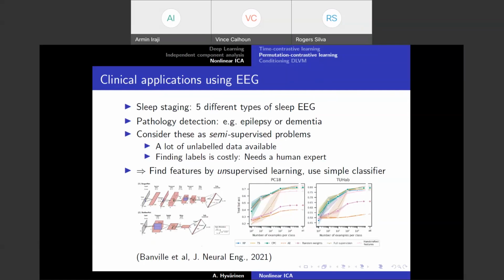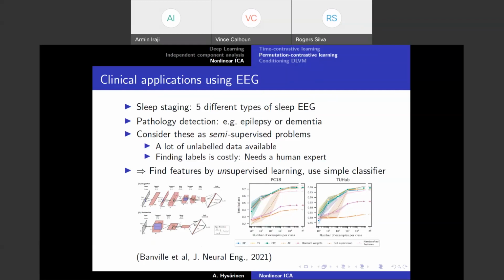There also, you could argue that we get huge amounts of resting state from the internet, no problem. But if we have specific kinds of sensory stimulation, then we don't have that much data. And especially here, you need a human medical expert to do any kind of labeling, while it is very easy to measure a lot of sleep EEG without any labels.